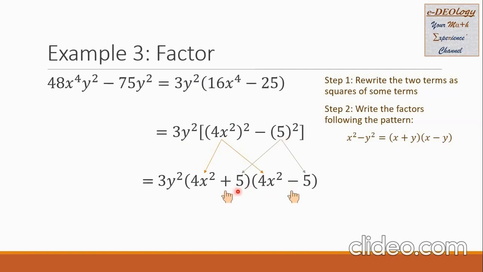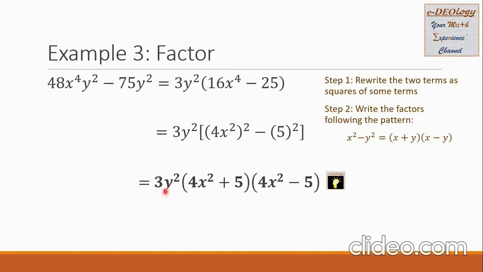It's now here and also here. So our final answer is this 3y squared times the binomial 4x squared plus 5 times the binomial 4x squared minus 5. And this is our final answer.